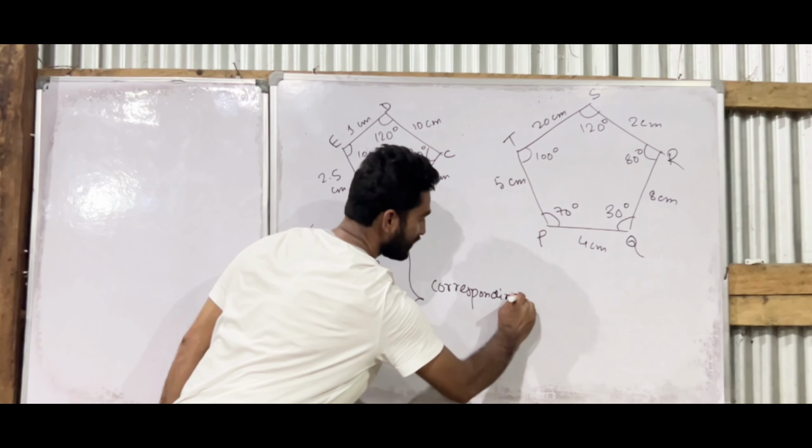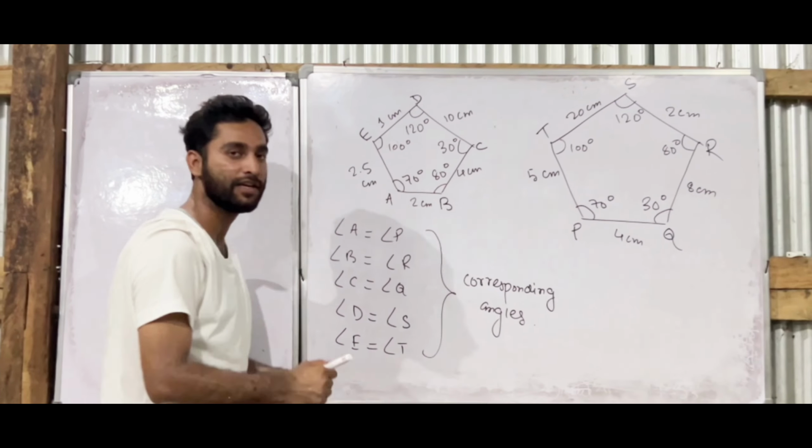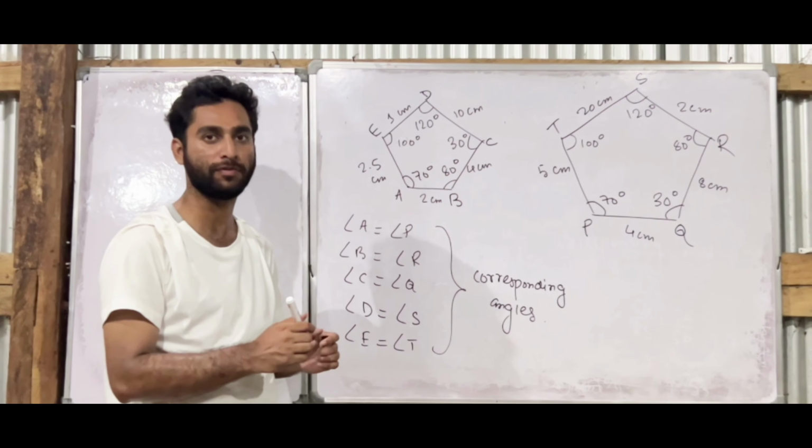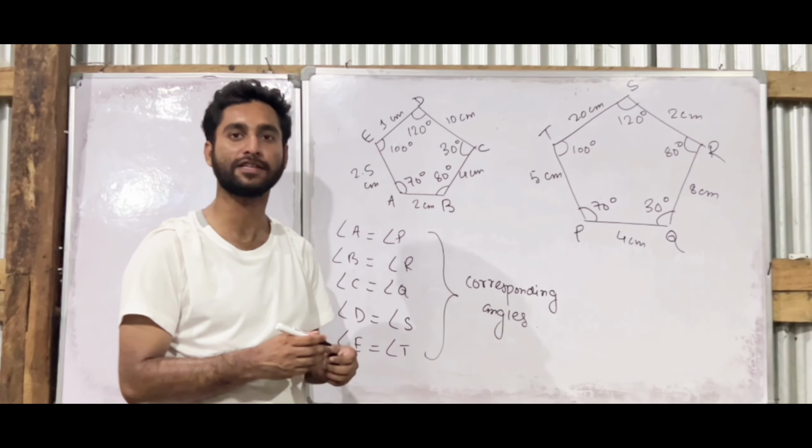So the first condition is already satisfied. Now the second condition has to be verified. The second condition was what? The ratio of their corresponding sides has to be the same.